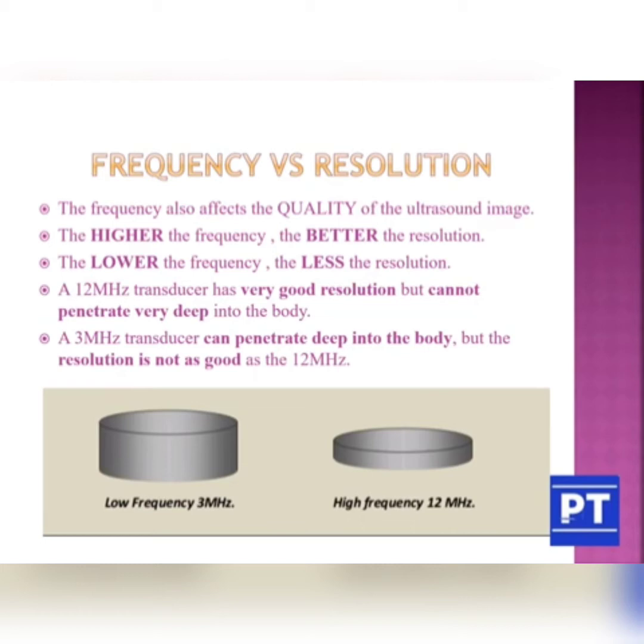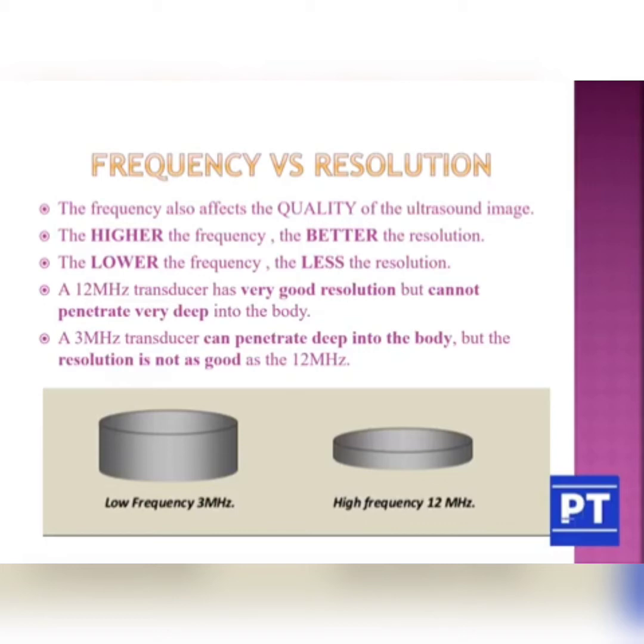For example, if we are using a 12 megahertz transducer, we will get a very good resolution ultrasonic image, but it cannot penetrate very deep into the body. But we will get a very good resolution image.